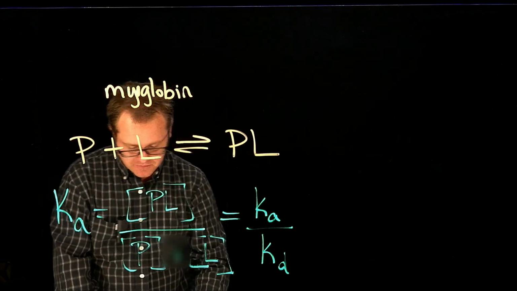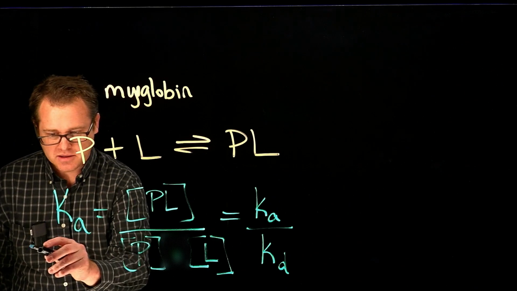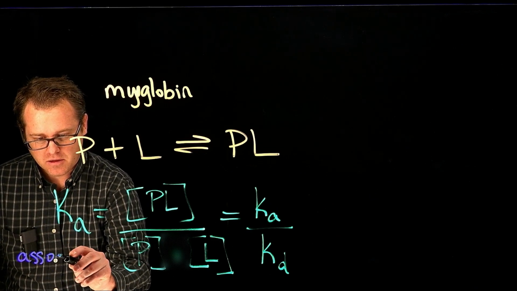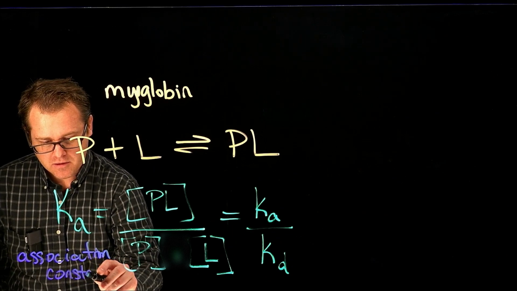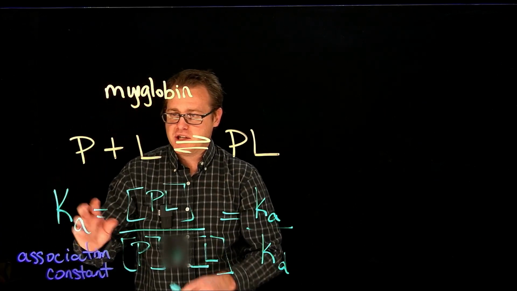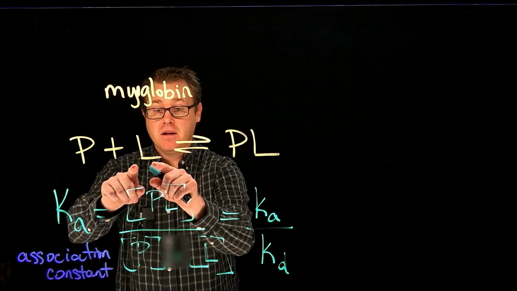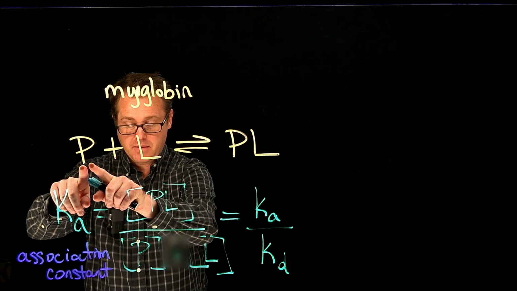Now, this Ka is called the association constant, which measures how well this ligand associates with the protein.